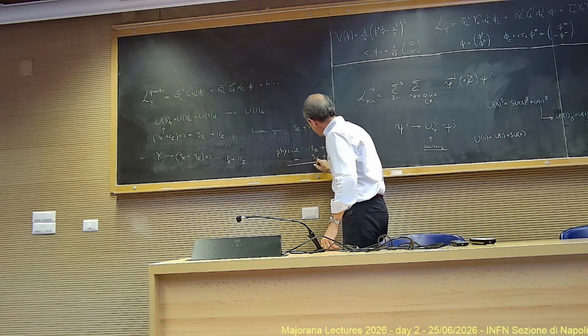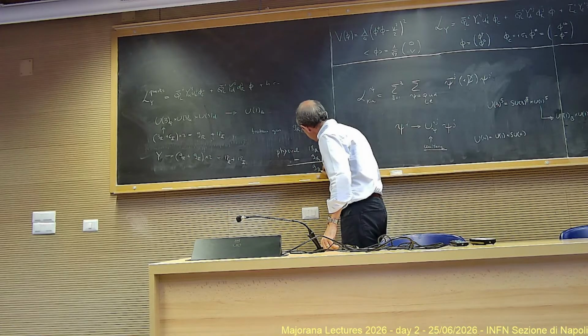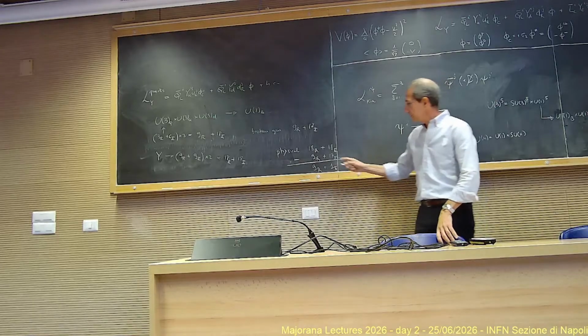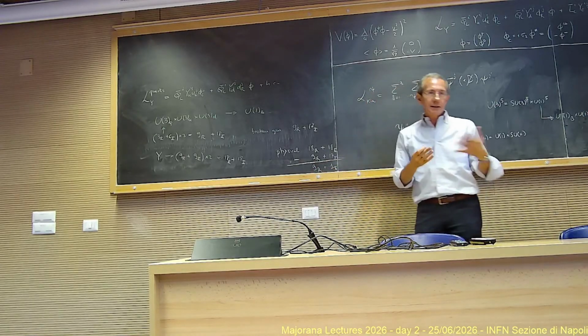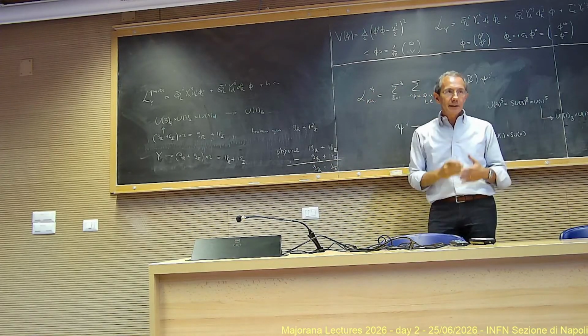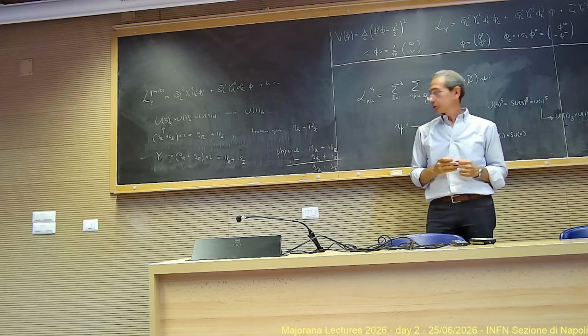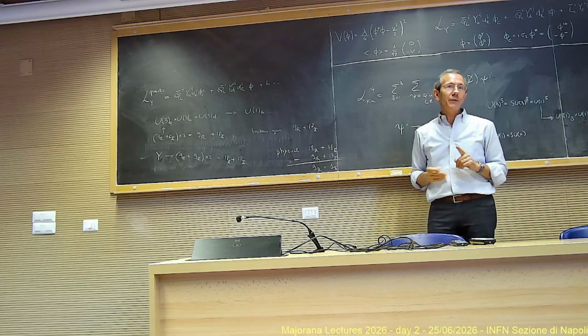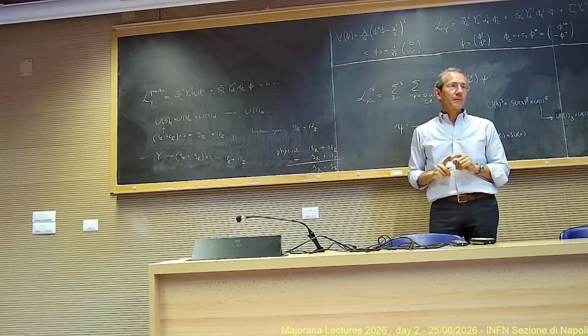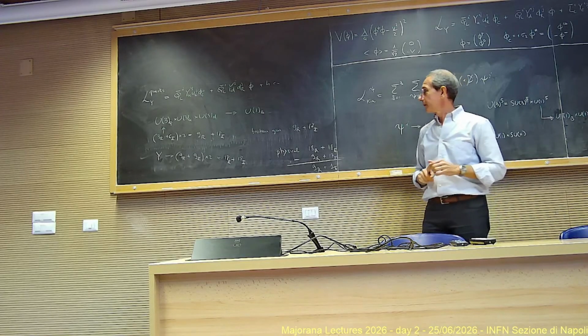And as expected, here we have 9 real parameters plus 1 imaginary. The 9 real parameters are the 6 quark masses and the 3 CKM angles, plus 1 phase, which is the phase of the CKM. Okay. As it should be.